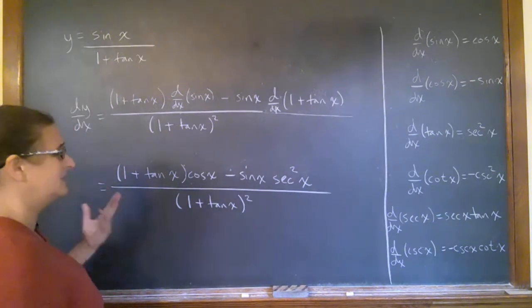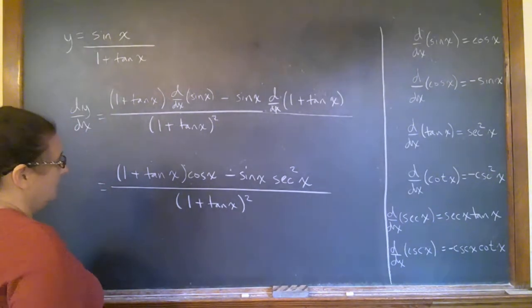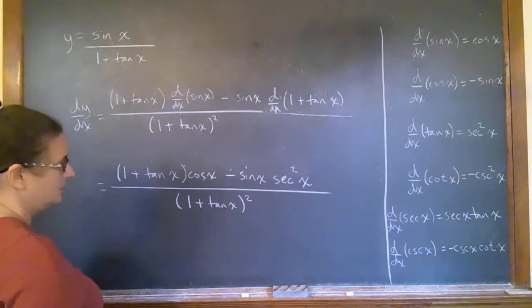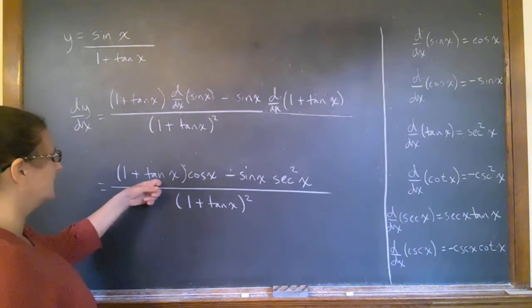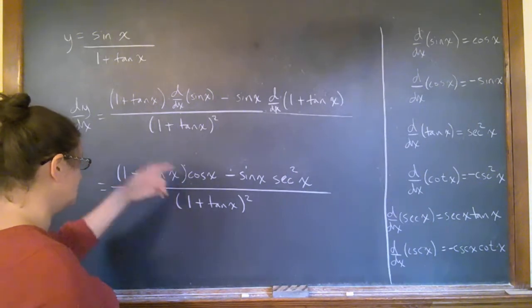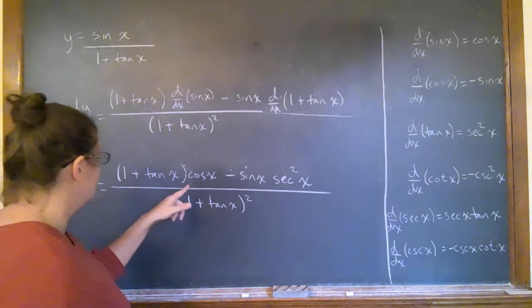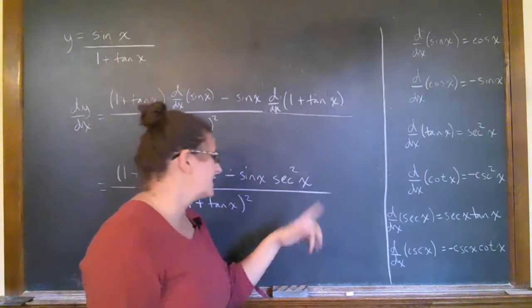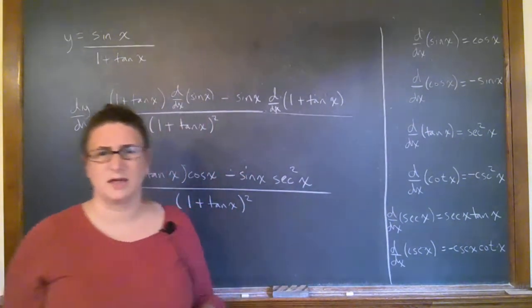Yeah, so I would just leave it like that. You could put the tangent into sines and cosines, and then this cosine would cancel out there. But then you still have this. That's not going to go anywhere, so it's fine just to leave it like that.